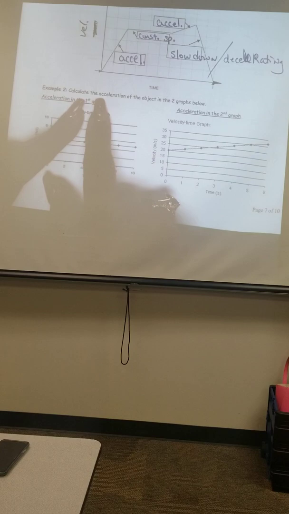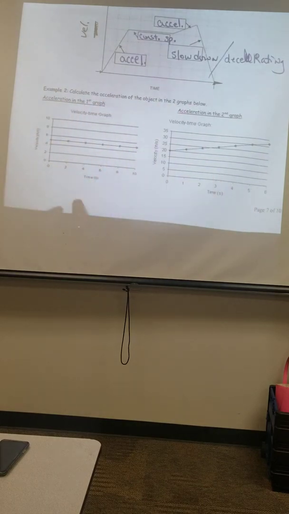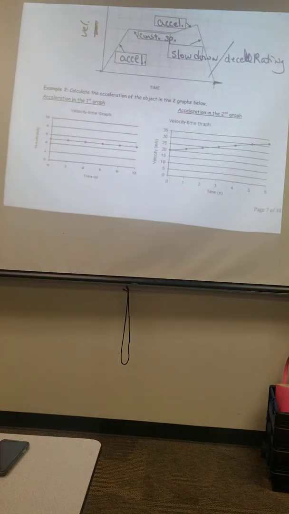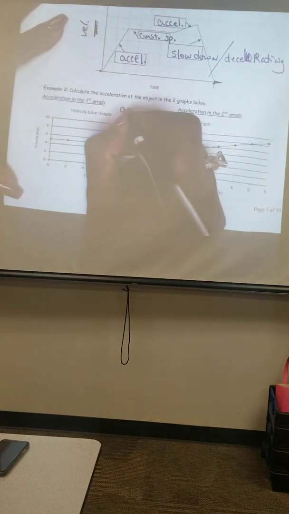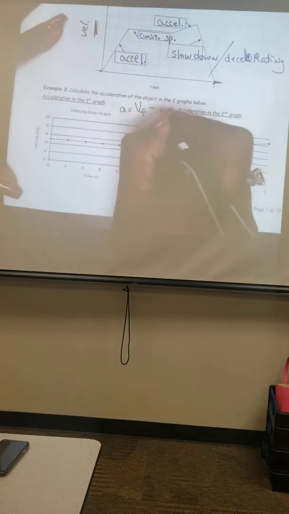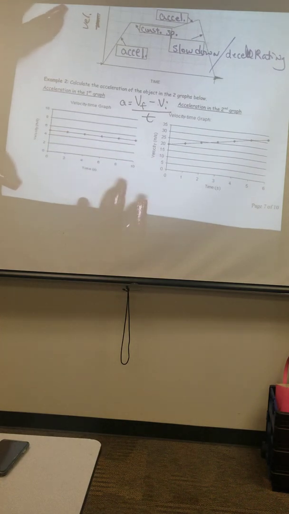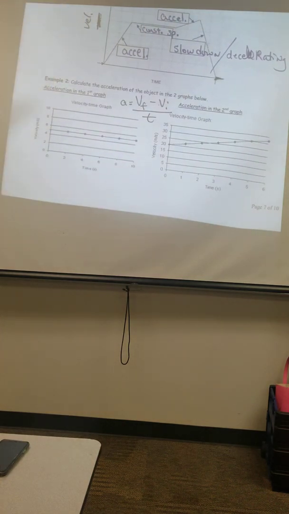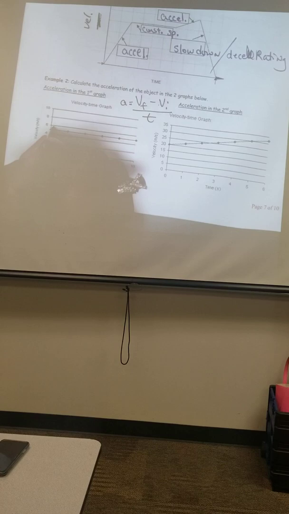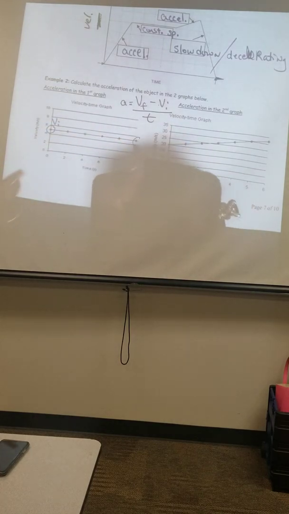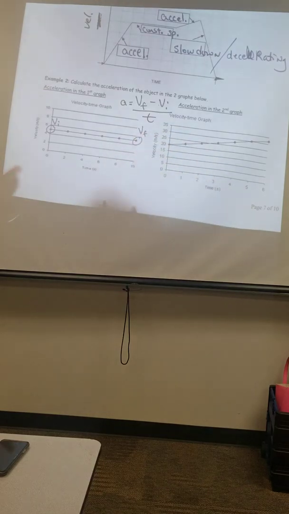It says here, calculate the acceleration of the 2 graphs below. So let's go ahead and do that. I'm going to say acceleration equals final velocity minus initial velocity over time. That's the equation. So let's look at this. This dot right here is my initial velocity. This dot over here is my final velocity.